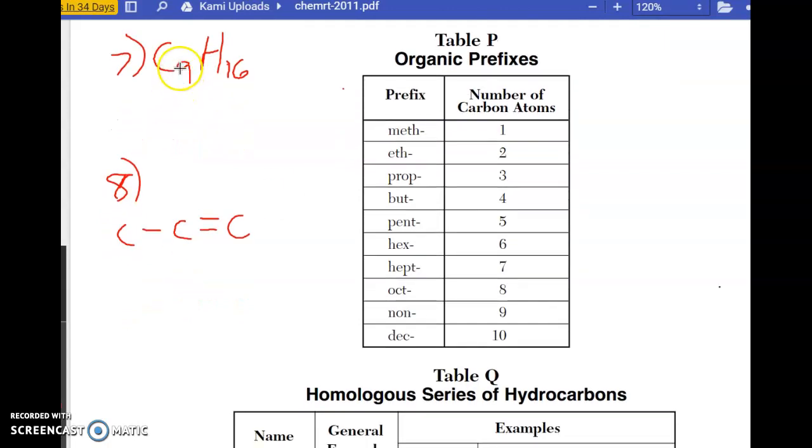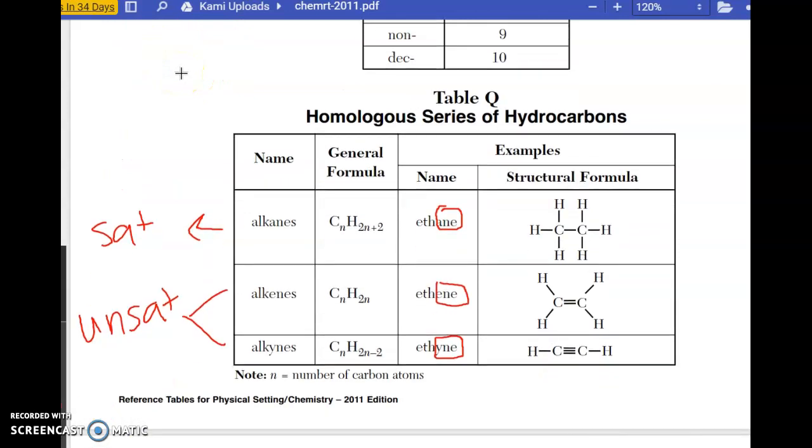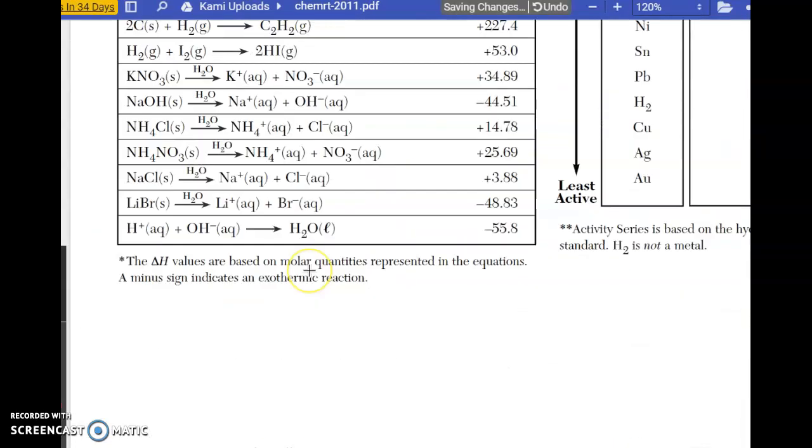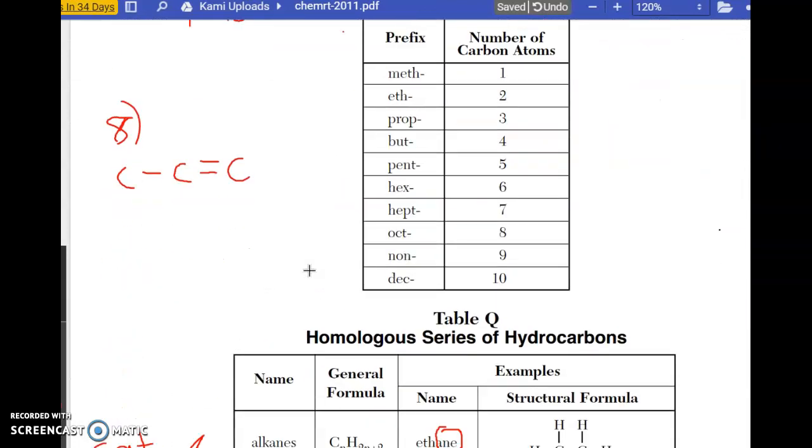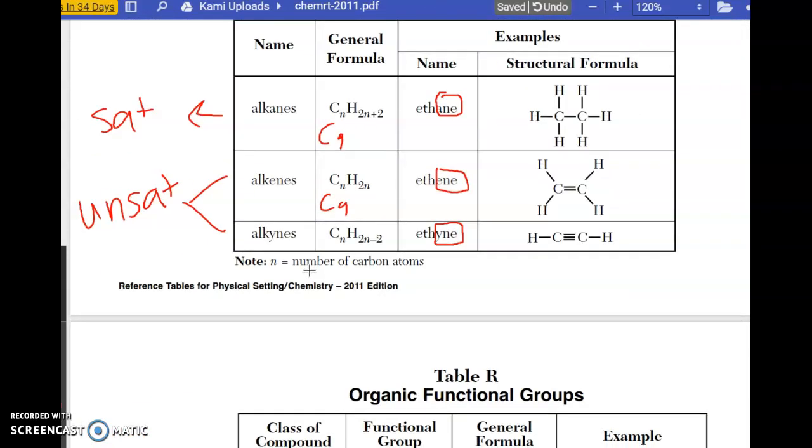We know that our N is 9, because the N is what's written right next to the C's. So I'm going to start off and write C9 for each of my work areas, including alkyne down here.